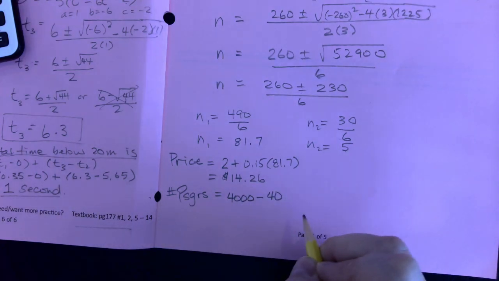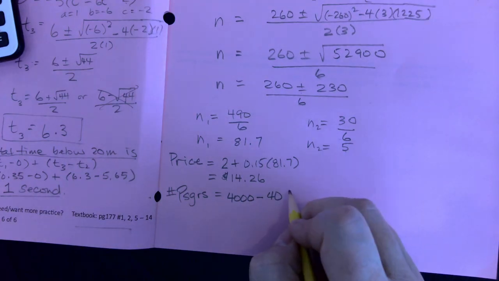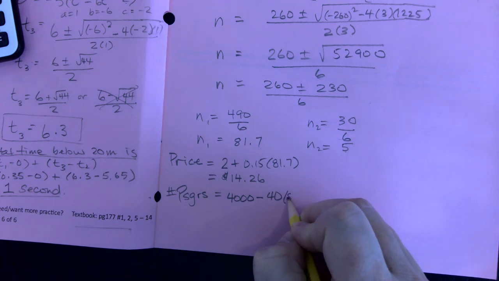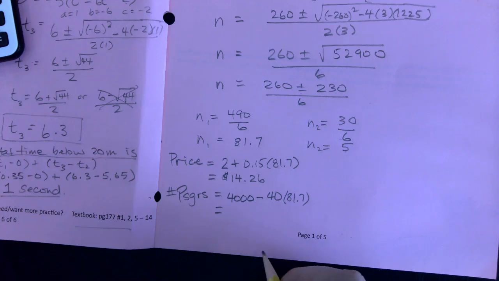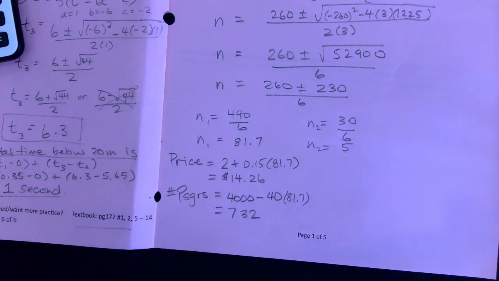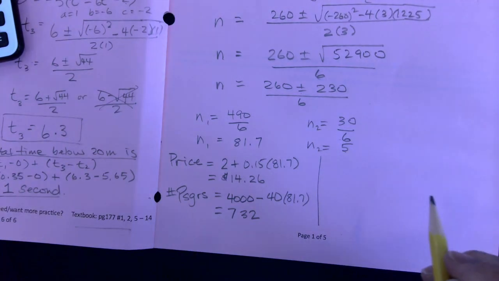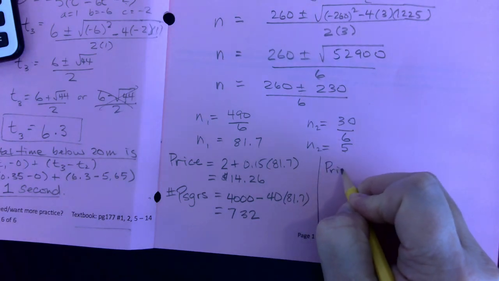This is our number sold expression. 4,000 minus 40N. Now we know that N is 81.7. That drops our ridership all the way down to 732 people. Okay, not very likely. Let's try the other one.